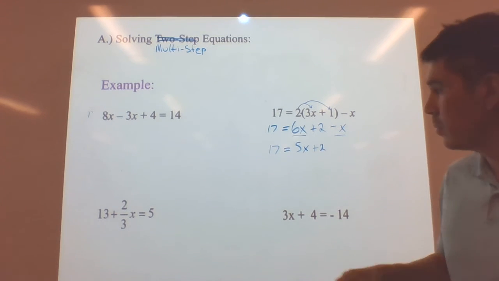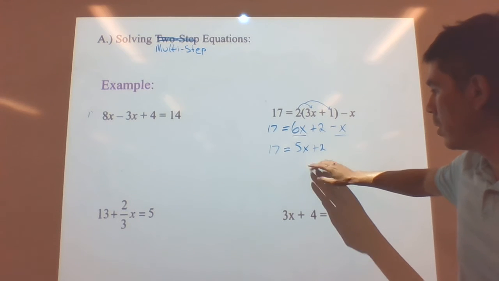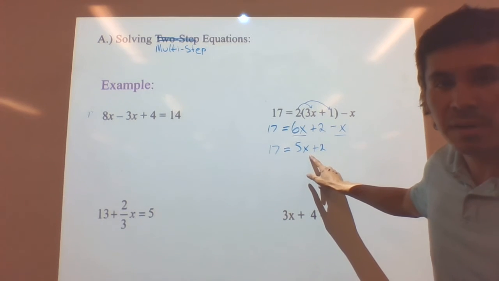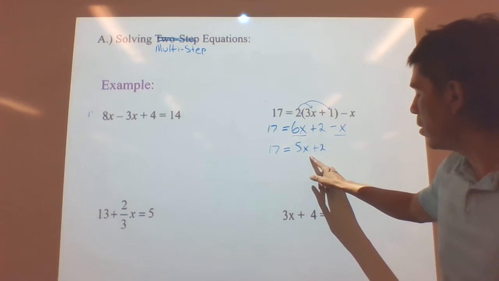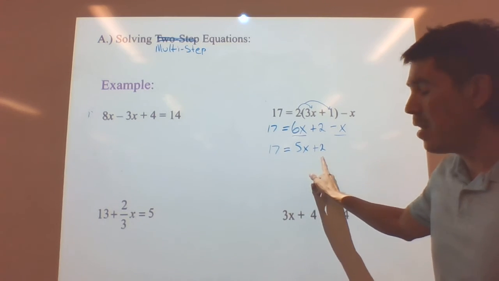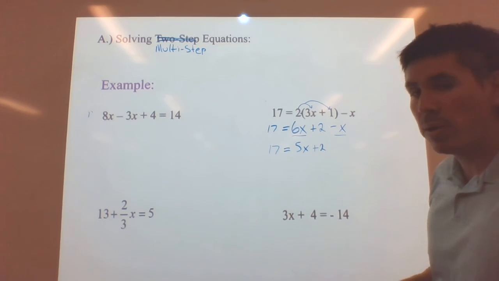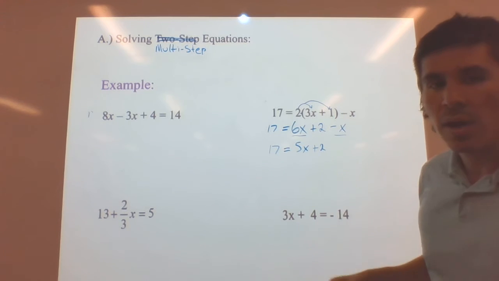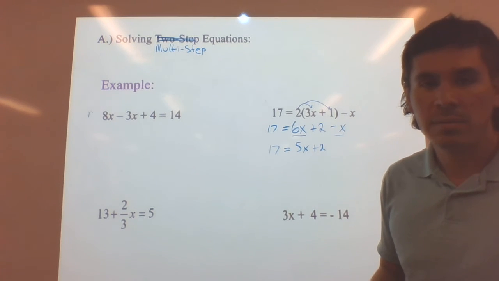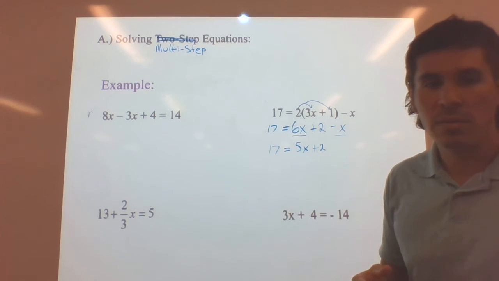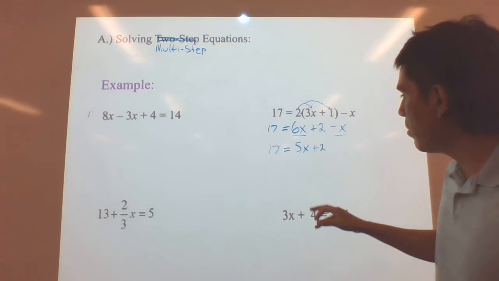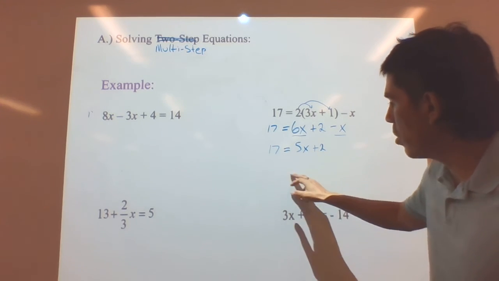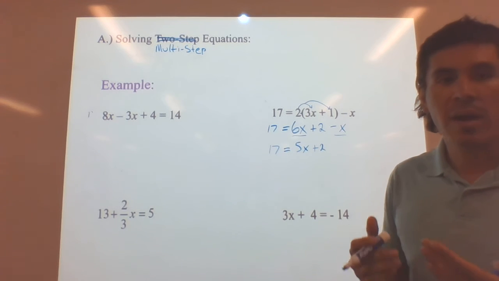Next step. We're getting closer. Again, the goal is to isolate the variable. I want to get x by itself. I can't combine these two. But notice that 17 and 2 are like terms. They're both integers with no variable attached. So somehow I have to move this guy over there. How do I do that?